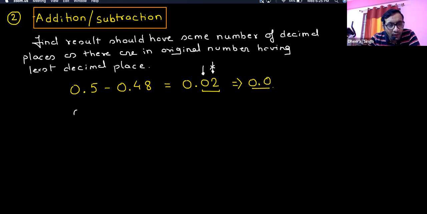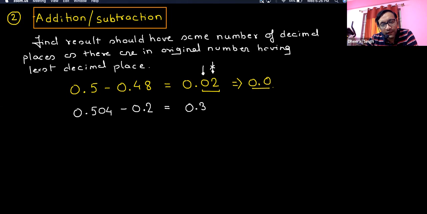So now tell me this, 0.504 minus 0.2, what is it? If these are two readings, correct, 0.3.